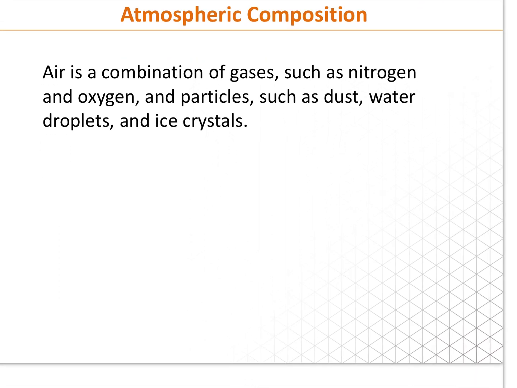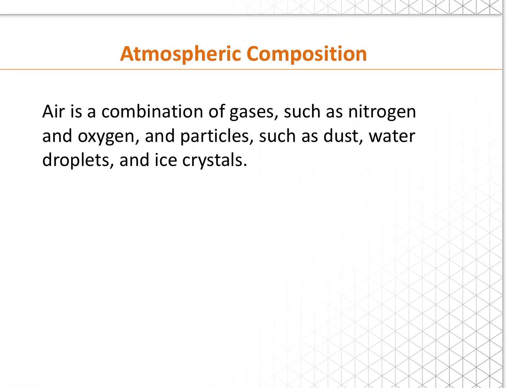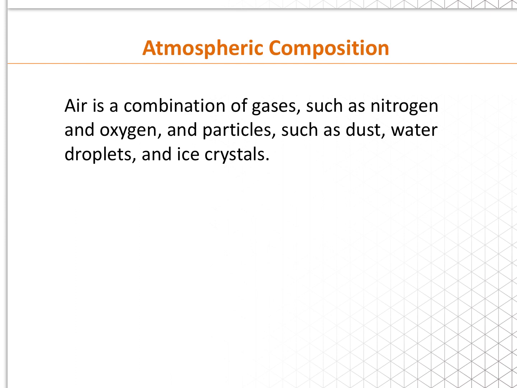Well, when you say the envelope of gas, well, what gases? And it turns out that nitrogen and oxygen are the two most abundant gases in Earth's atmosphere. So, we got nitrogen over here coming in at approximately 78%, and then we have oxygen at 21%.